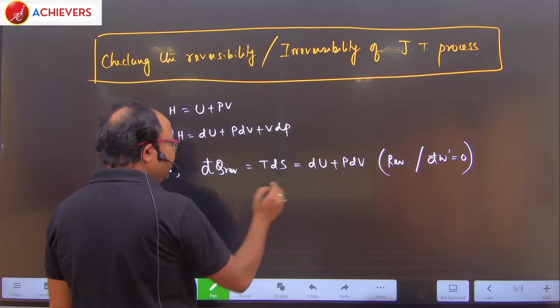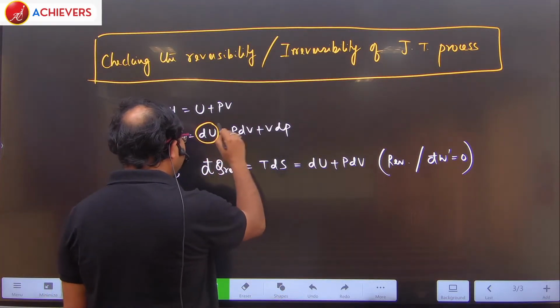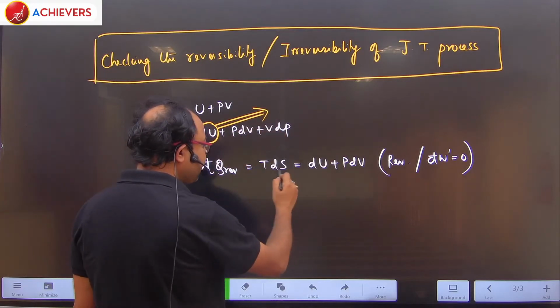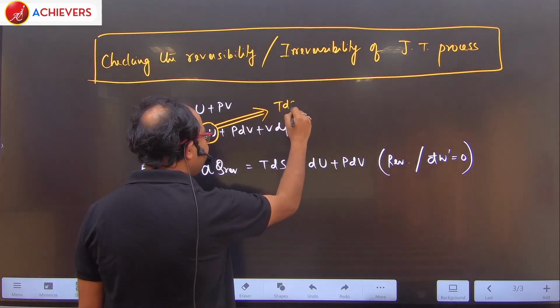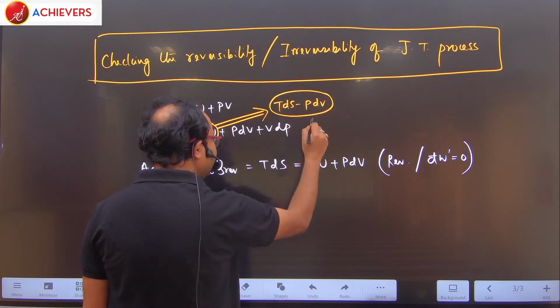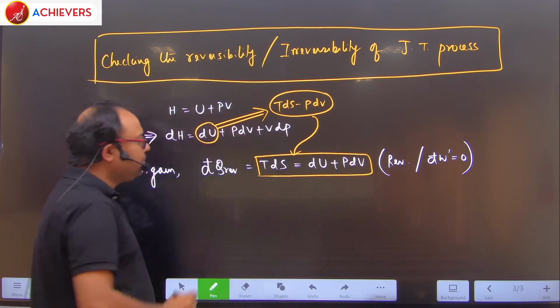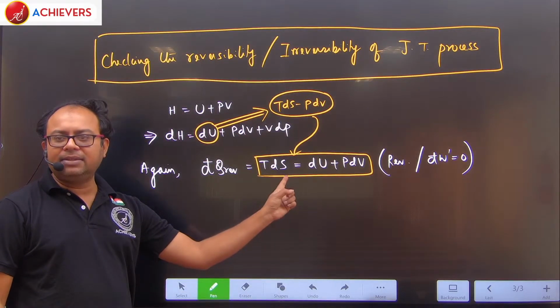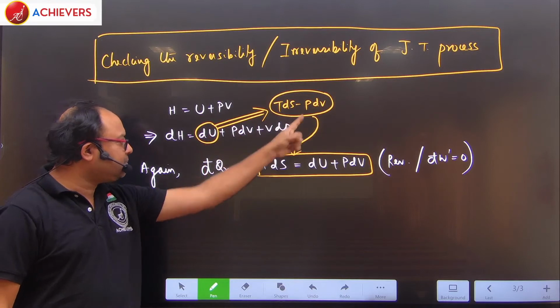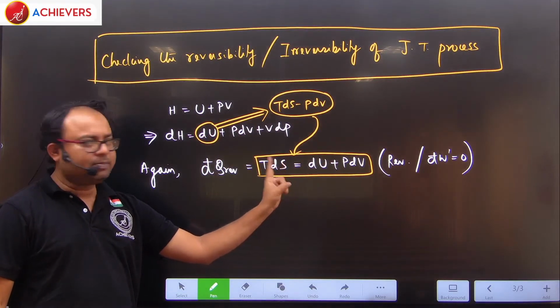Now, we will replace this dU by TdS minus PdV, which is coming out of this equation. From this equation we find that dU is equal to TdS minus PdV.